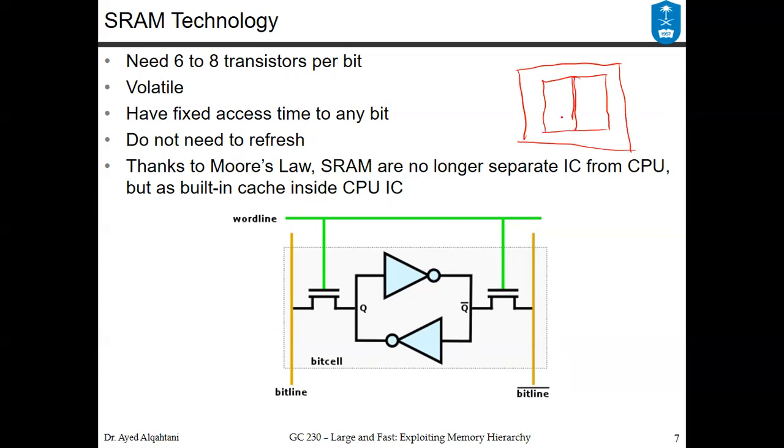If we say that we have a quad-core processor, inside we have the level 1 instruction cache and level 1 data cache for core number 1, and similarly for core number 2, core number 3, and core number 4. So it's already integrated and built in inside the CPU integrated circuit.